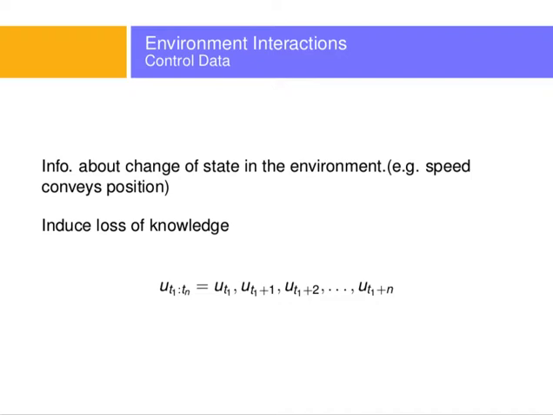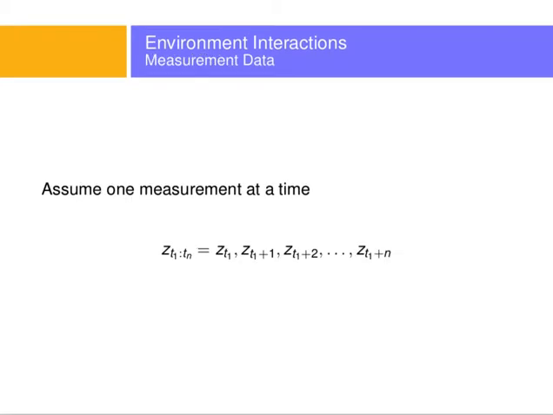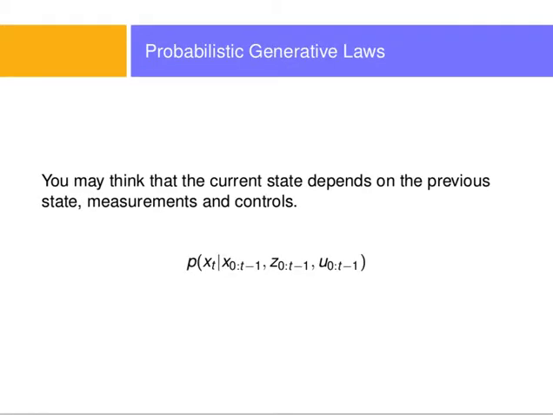Every time you act, there's a little bit less that you know about the world, and every time you sense, there's a little bit more that you know about the world. And robots have to combine those two things all the time. So let's assume that there's one measurement at a time in the sensors, for example. And also, let's assume the following.